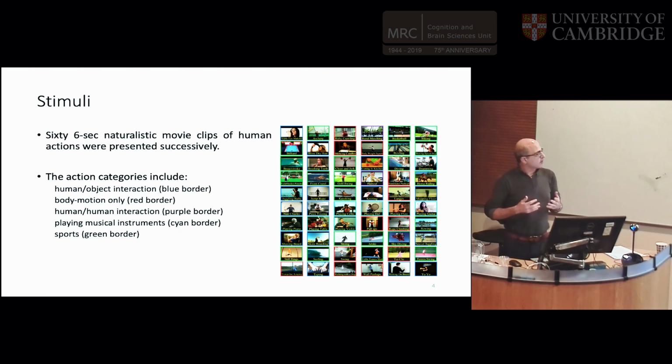These clips were drawn from different action categories like human interactions and human-object interactions. So the idea was to drive the visual cortex as much as we can using a variety of rich visual stimuli, and then see how the areas are interacting with each other.